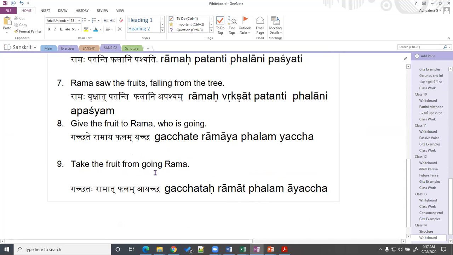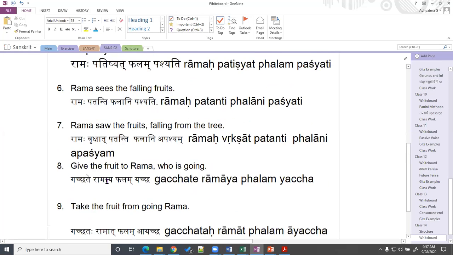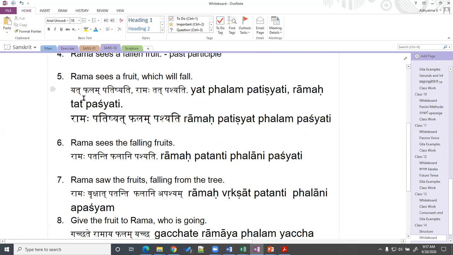In English, we normally don't say it like that. We'll say from Rama who is going, but I just wanted to tell you that that's how it will be. In almost every case where you are making a sentence using a present participle, you can also make it using the yat and tat combination, like using two sentences.